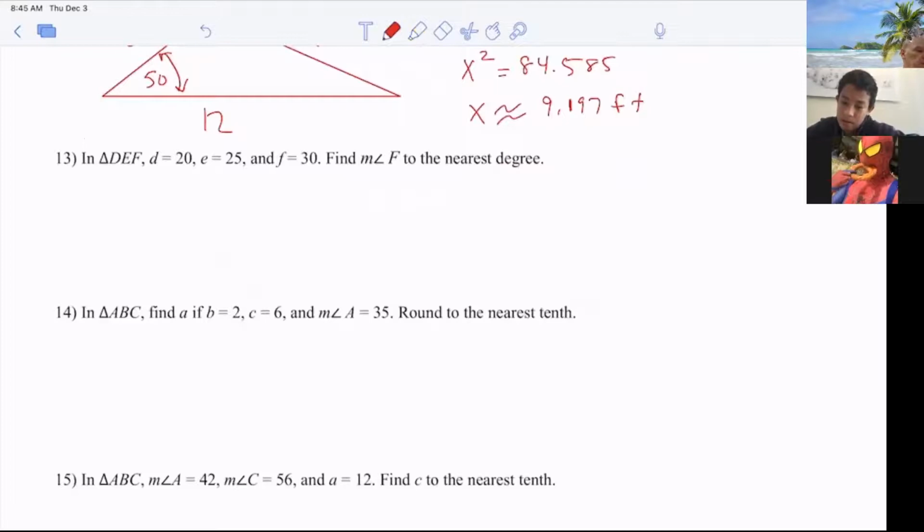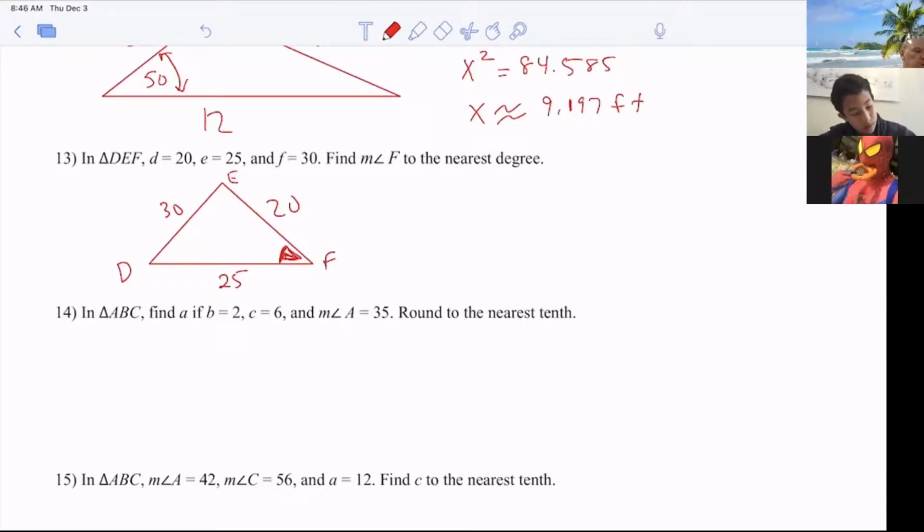13. Let's knock this out real quick. So triangle DEF. Here we go. DEF. D is 20. E is 25. F is 30. And we're looking for angle F. All right.